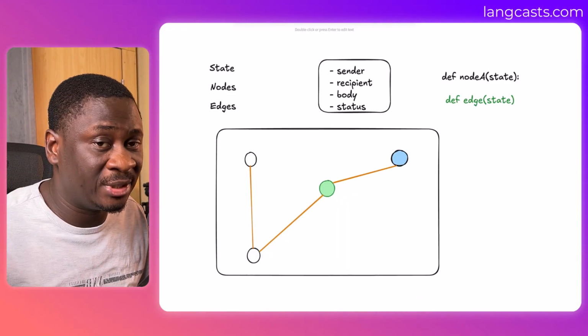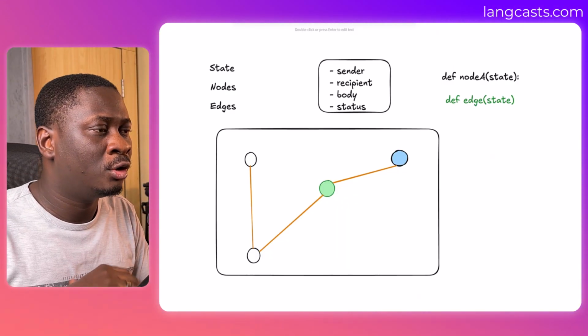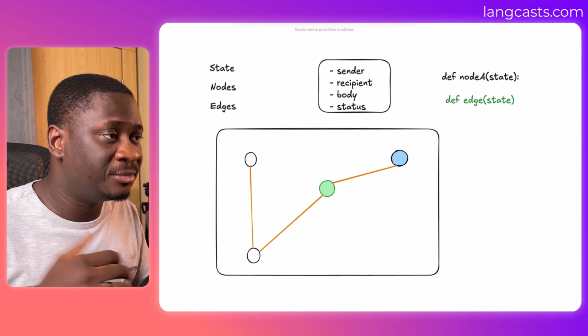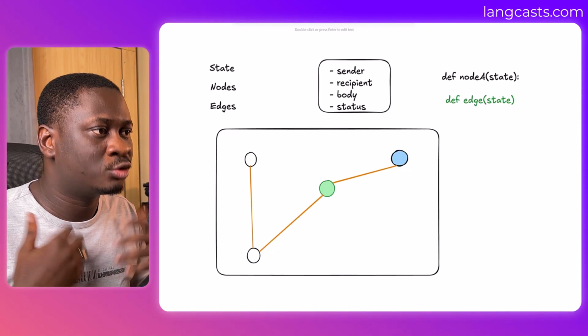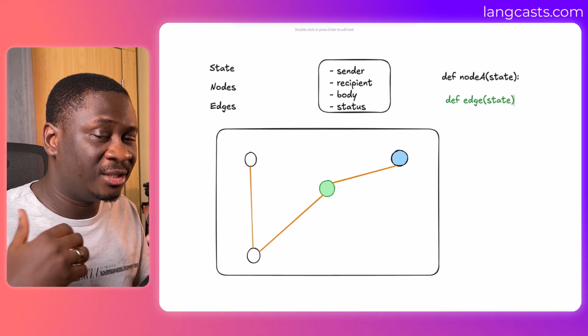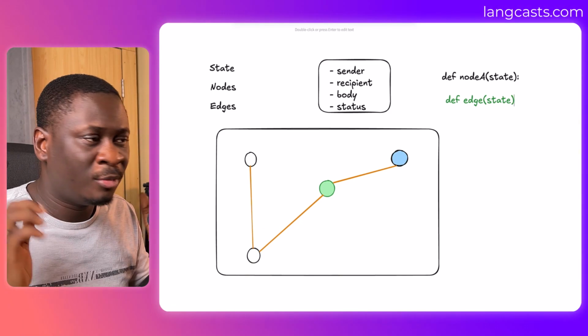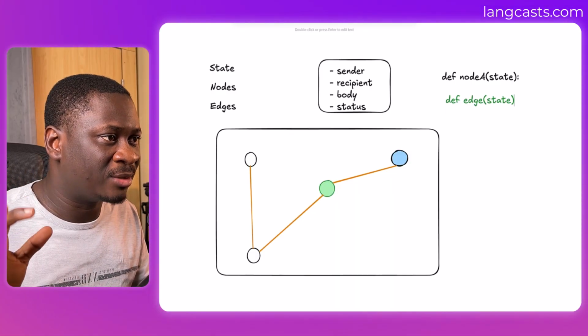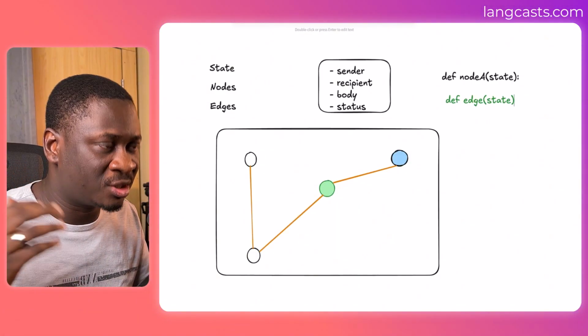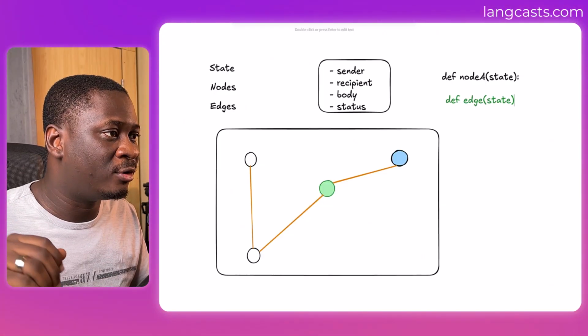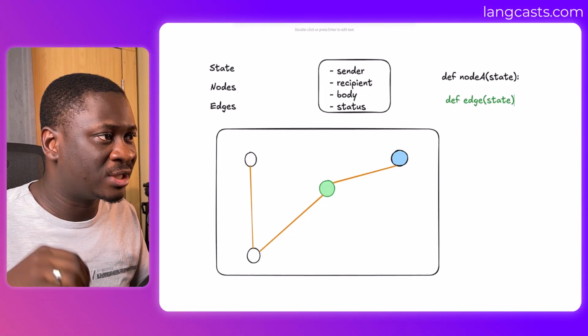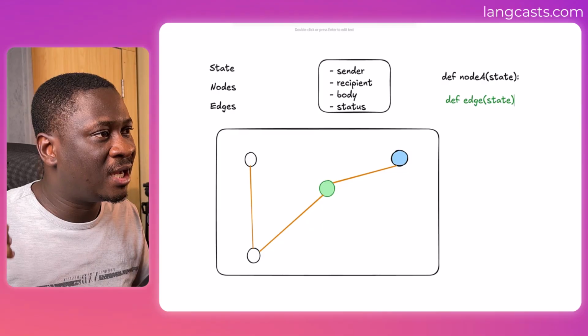If you want the decision making to be dynamic, you can always delegate that to an LLM, and the LLM is going to use its intelligence to dynamically determine the next node to go to. But basically, it's pure Python functions, the same type of operations you can perform in your typical Python functions. That's what you can perform in node functions, and also when you need to define your edges as functions.